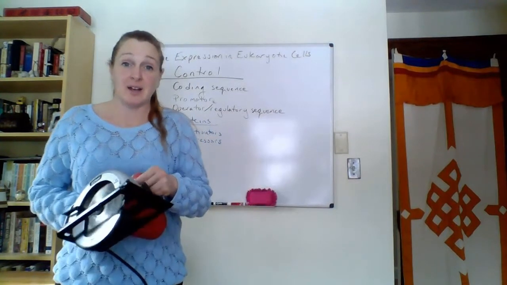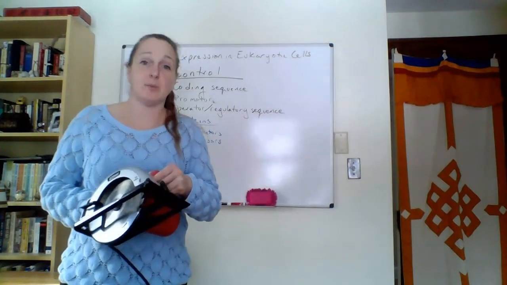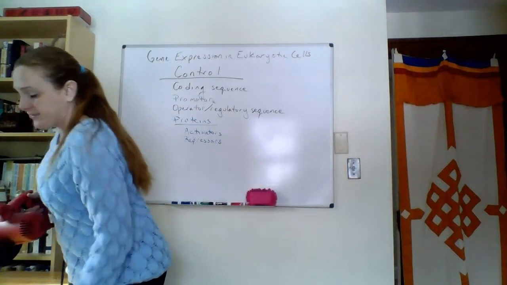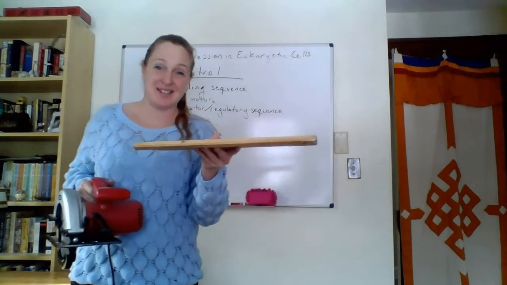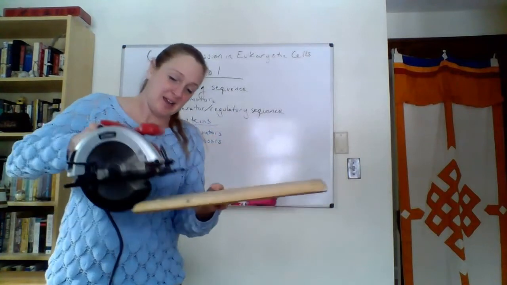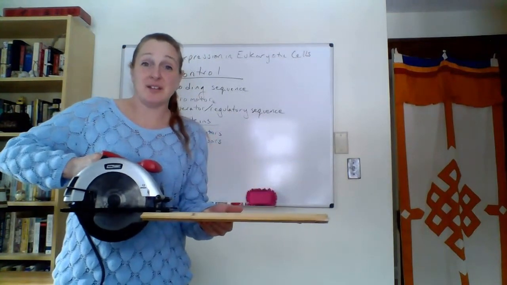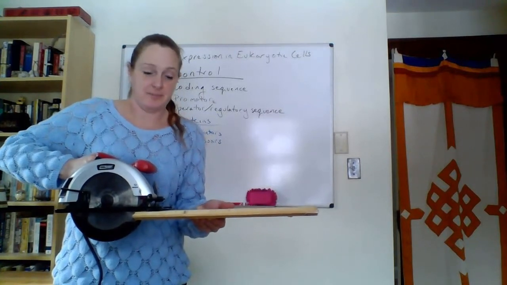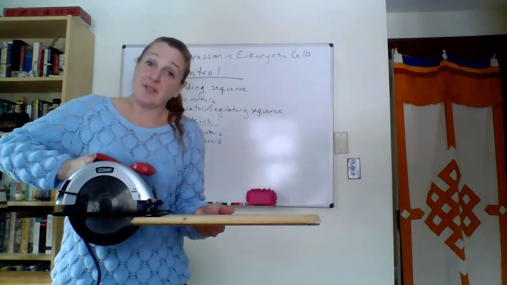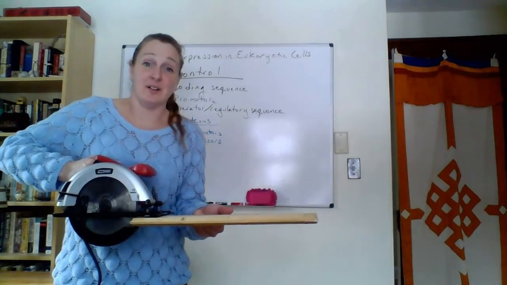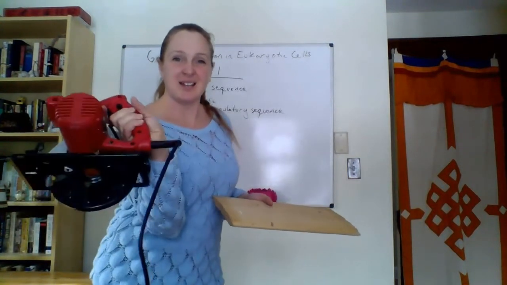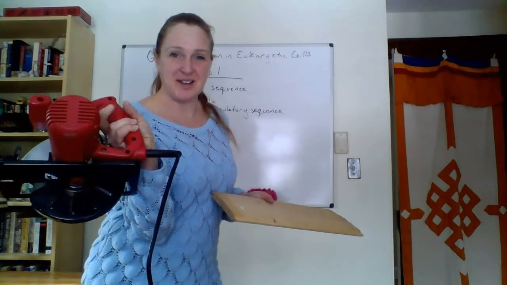So, I've got my circular saw. I'm going to go plug it in. That's going to get it activated. This is my DNA sequence. Right now, it's not plugged in, no activators, no transcription is happening. If I get it activated, then it will transcribe, but as many of you know, they all have this extra safety button.